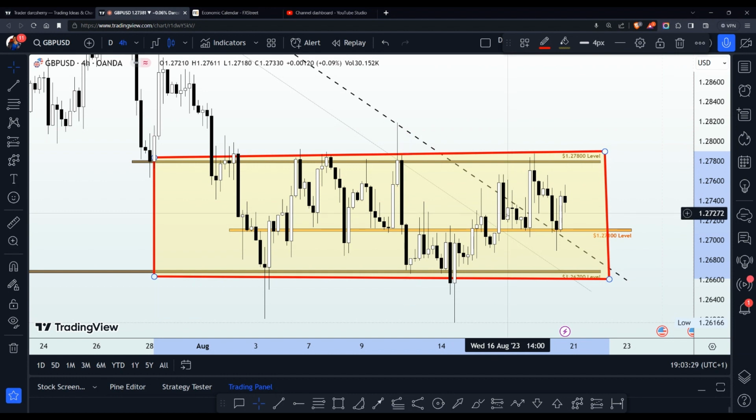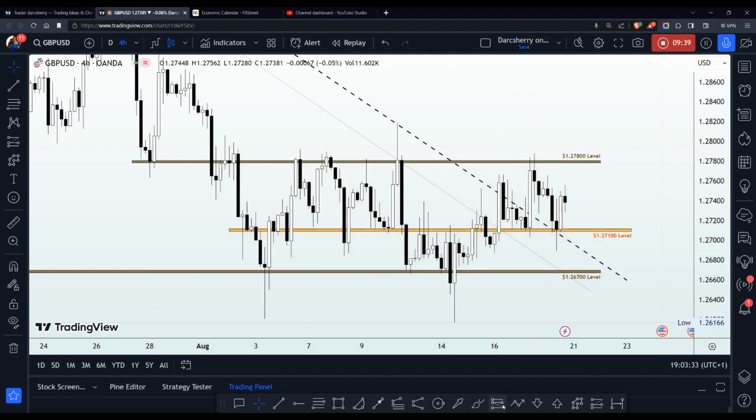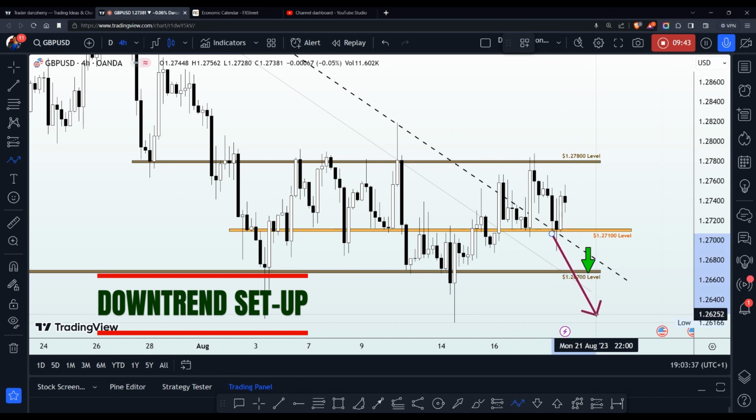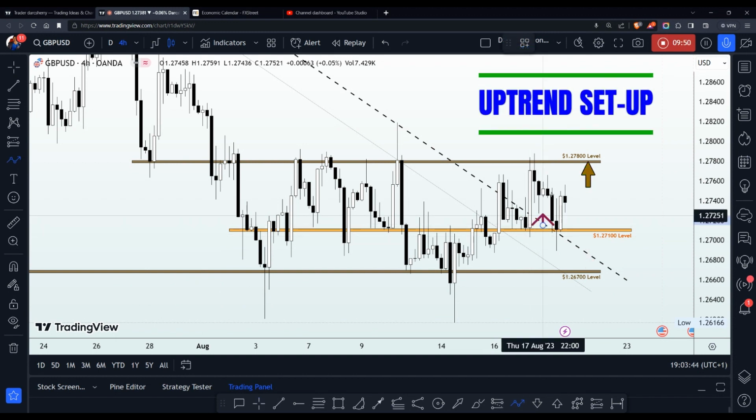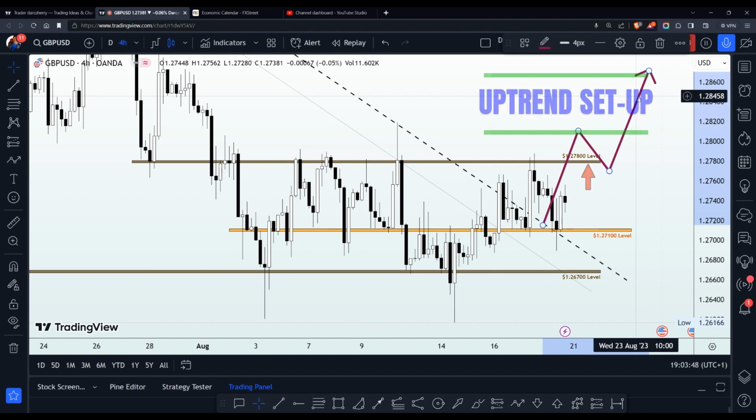When price action falls into a range like this, we want to remain patient, waiting for a signal which will come in the form of either the breakdown of the support line of that range to give us a selling opportunity, or the breakout of the resistance line of that range to give us a buying opportunity.